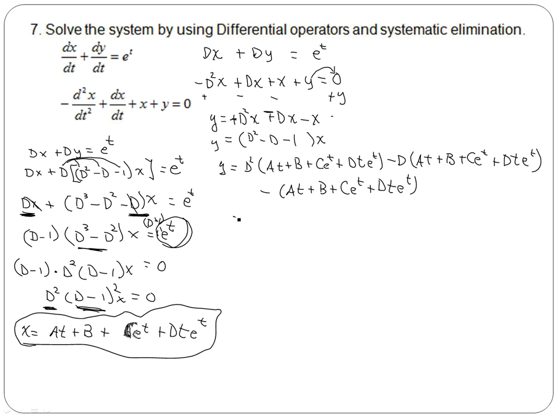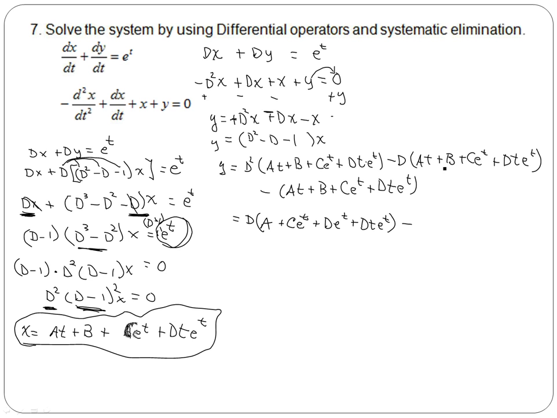So when I calculate this out, I'm going to start by doing my first derivative of this function. That's going to give me an a. The derivative of b drops out. The derivative of c e to the t is c e to the t. The derivative of dt e to the t, I need to use product rule, is going to give me d e to the t plus dt e to the t.